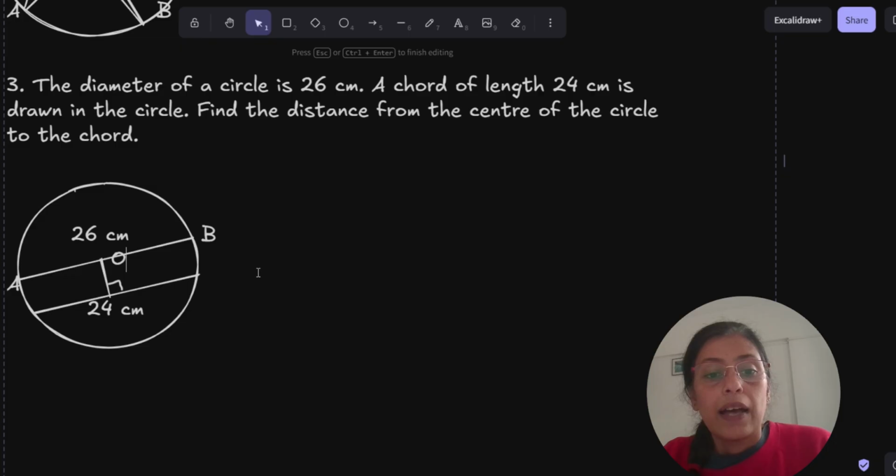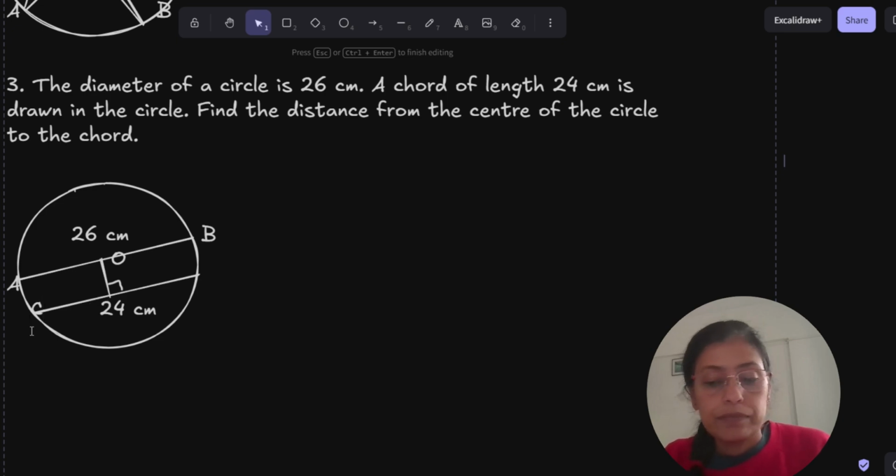And then we have been told a chord of length 24 centimeter is drawn in the circle. So next we need to draw a chord, and you see 26 and 24 are very close in length. This means the chord is very close to the diameter. So here I have drawn it.